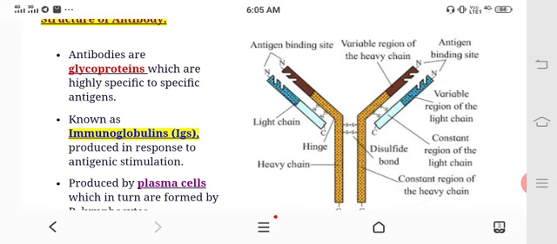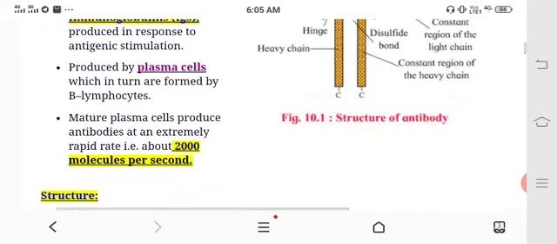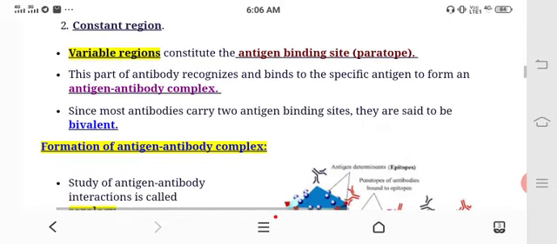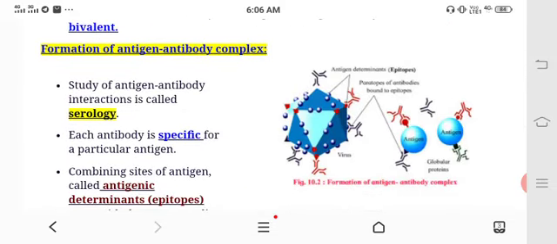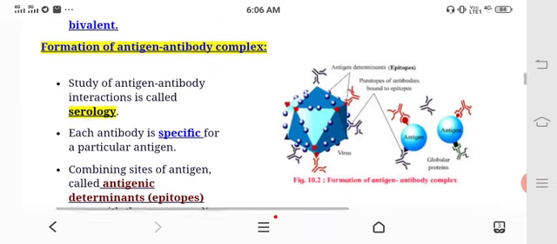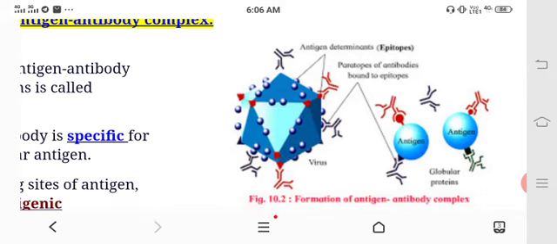That means these paratopes of the antibodies, in the next diagram, show the formation of the antigen antibody complex. These paratopes of the antibodies bind to the epitopes of the antigens. The antigen binding sites are located on the variable regions of the antibody.